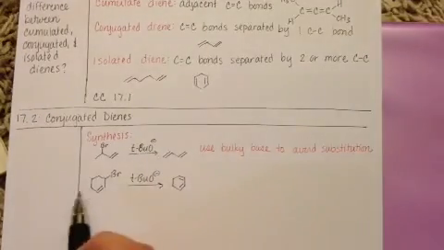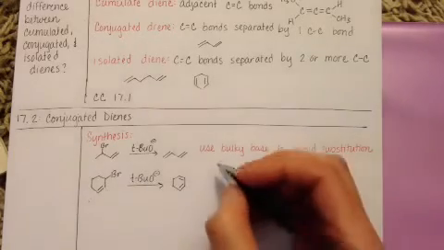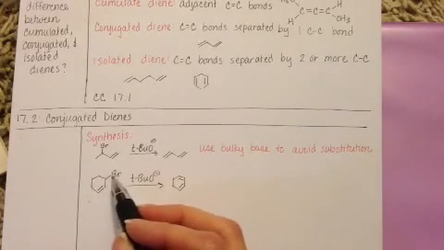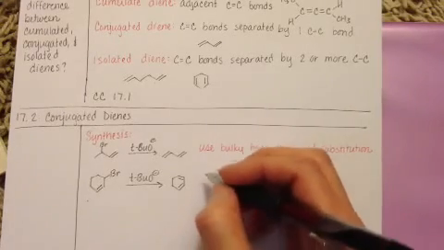Also realize that the leaving group, the halogen, has to be on a carbon that's adjacent to the double bond. Otherwise, when you do the elimination, the double bond is not going to end up being in a conjugated position.